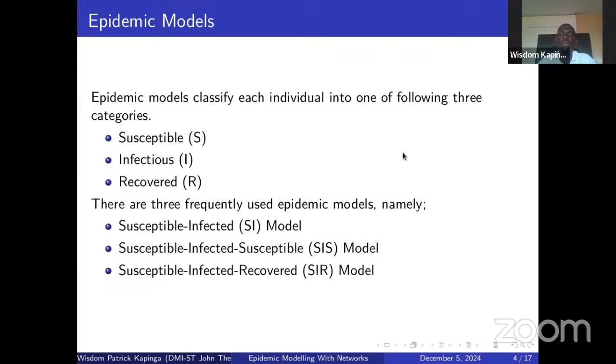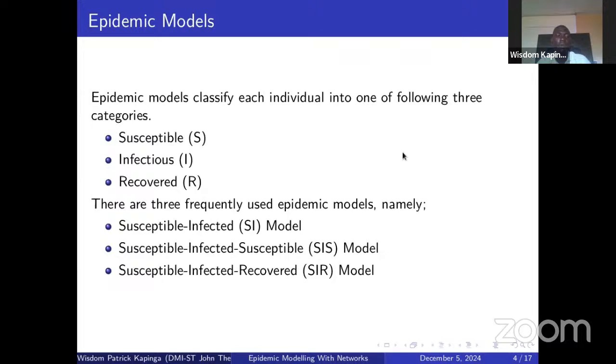So we need to remove that proportion from the population, so that we have a clear picture of who remains: who are the remaining people that are susceptible, and who are remaining that are infected. So basically, these are the three frequently used models.